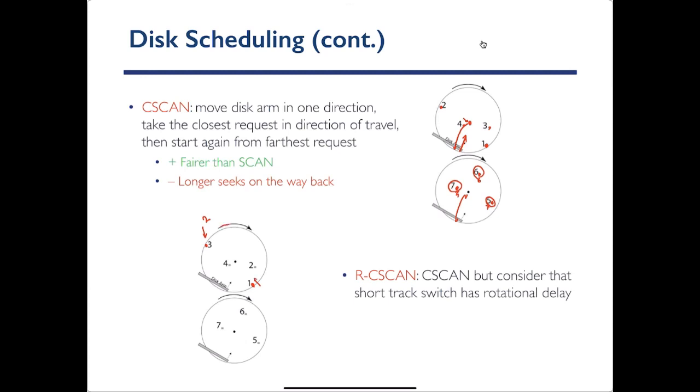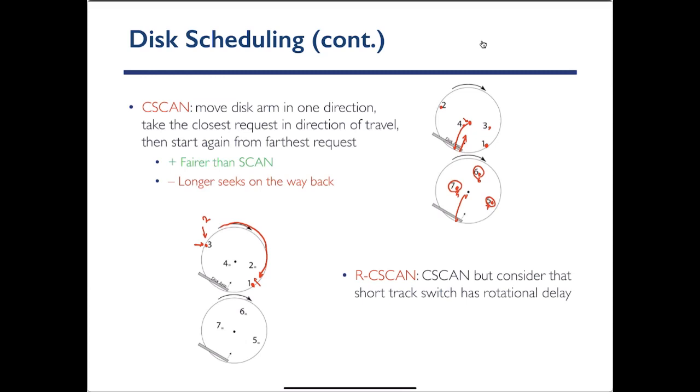Now you have to wait for a long time for the next sector that you want to read to rotate to where the head is. So the seek time is going to be fast because we're going to just seek to the next track, but then we have to wait a long time for this sector over here to reach the head of the arm. So we're going to pay a lot of rotation time.